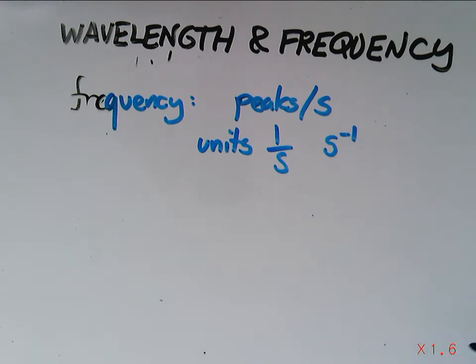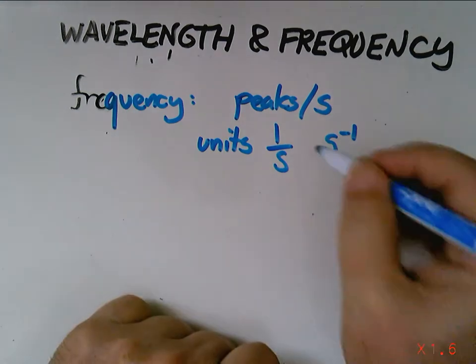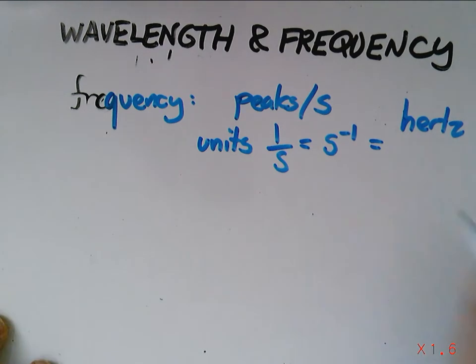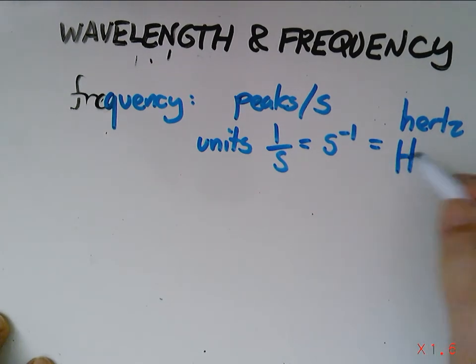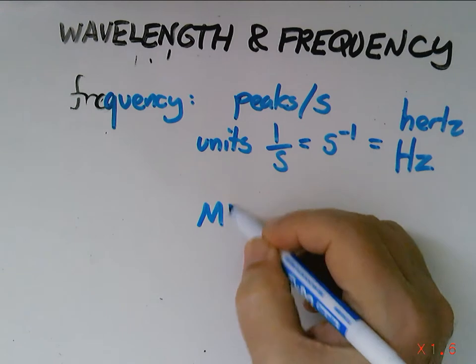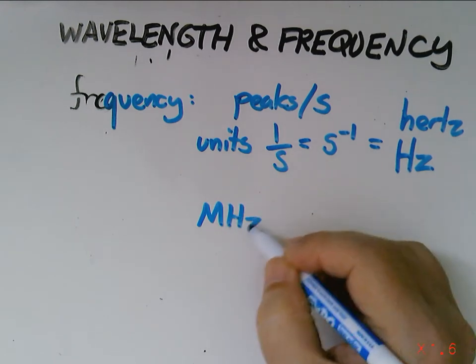You can say that as reciprocal seconds if you want. This unit has a name. It's called a hertz, after a radio pioneer named Hertz. And the abbreviation for it is capital H, lowercase z. If you look at the radio dial in your car, you'll see that it gives frequencies on the dial for different stations.